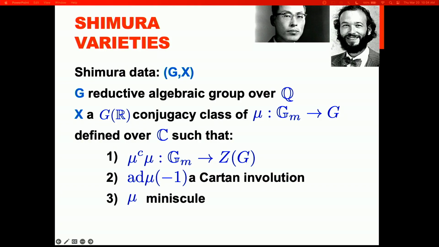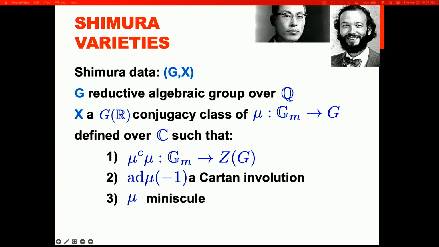Okay, so now let me change direction completely for a bit. I've discussed the Tate-Nakayama theory and its extensions by Kottwitz, and now I want to talk about Shimura varieties for a moment.